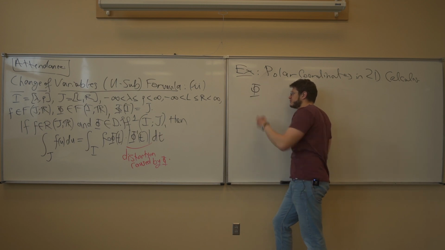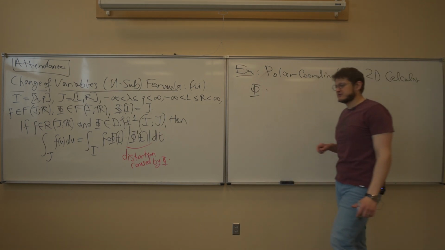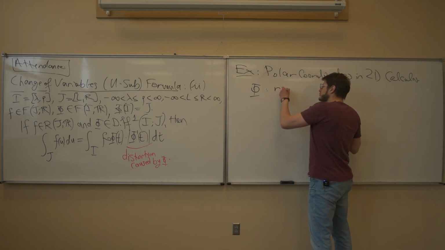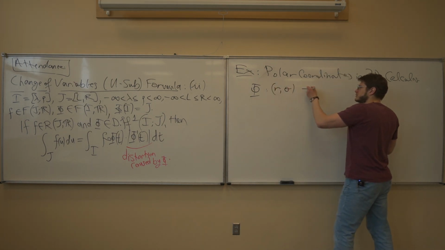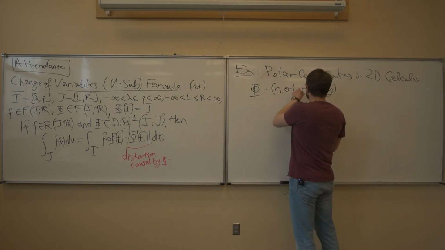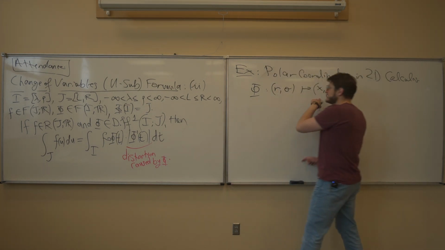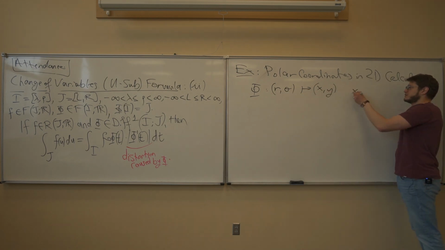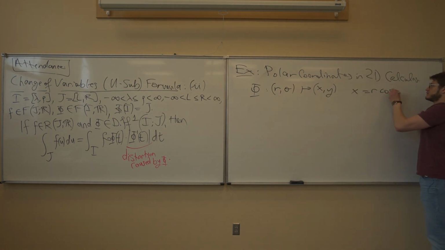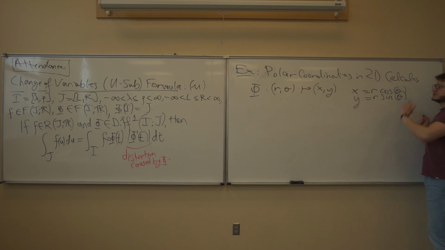Now your change of variables goes from the r theta space to xy space, right? So it goes from r theta to xy, where x is r cosine theta, and y is r sine theta.